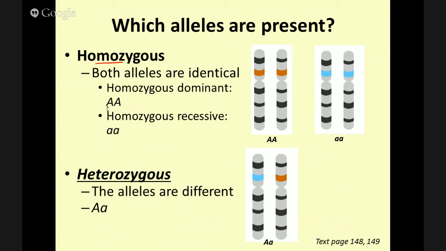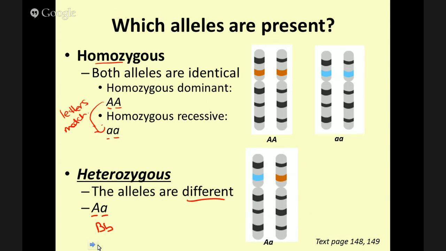So you're going to have 2 big letters or 2 small letters. The key thing here is that the letters match, right? So when you're homozygous, you've got the same 2 big A's or 2 small A's, but the letters match each other. When you've got heterozygous, the letters are different, right? You've got big A, little a, big B, little b.